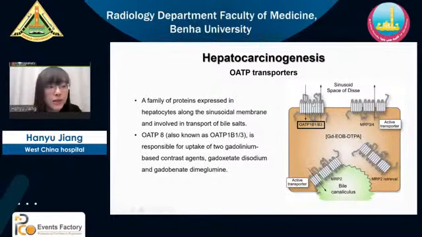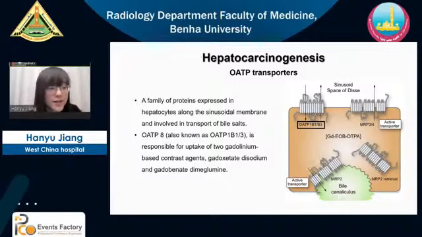Organic anion transporting polypeptides, the OATPs, are a family of proteins expressed in hepatocytes along the basolateral, which is the sinusoidal membrane, and involved in transport of the bile salts. One of these transporters, the OATP8, also known as OATP1B3, is thought to be responsible for uptake by hepatocytes of two gadolinium-based contrast agents, including gadoxetate disodium and gadobenate dimeglumine.